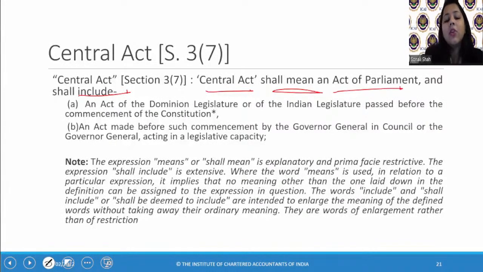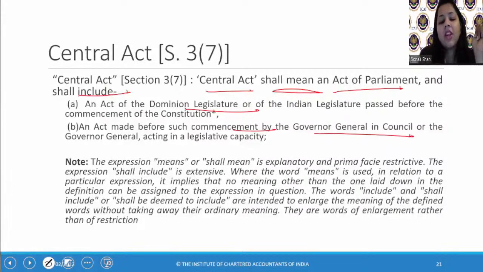It also includes an act of a dominion legislature and an act made before such commencement by the Governor General in Council or the Governor General acting in legislative capacity. Correct? So it not only tells you what is meant by this, but it also tells you what is included within it.